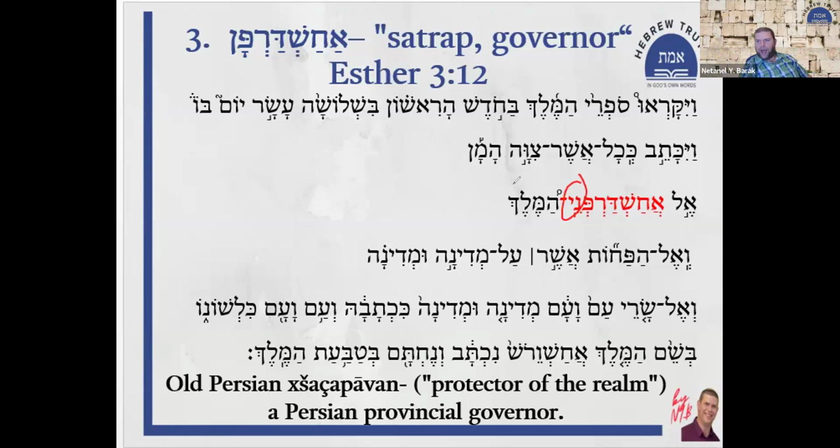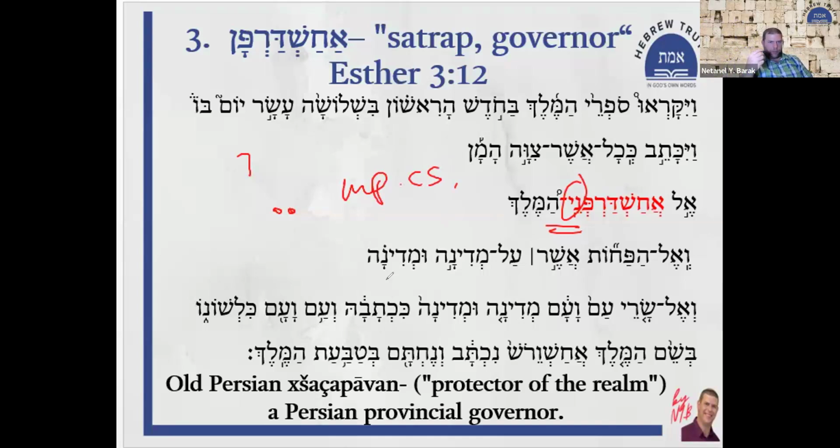So we've seen it with achashdarpenei. We add the tzere yod, which marks the masculine plural construct form in Hebrew, to say 'satraps of.' It's not the satrap, achashdarpan. It's achashdarpanim. That would be the plural, which we do have in biblical Hebrew.